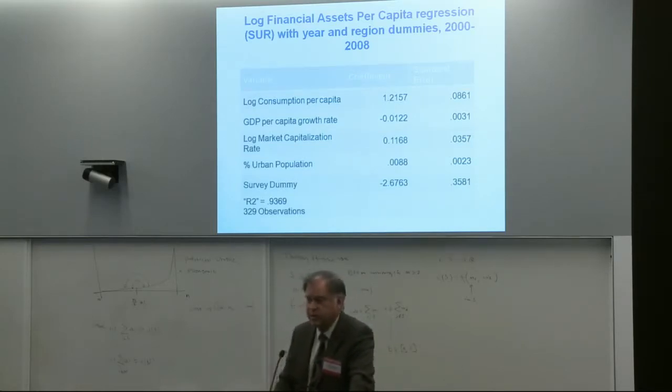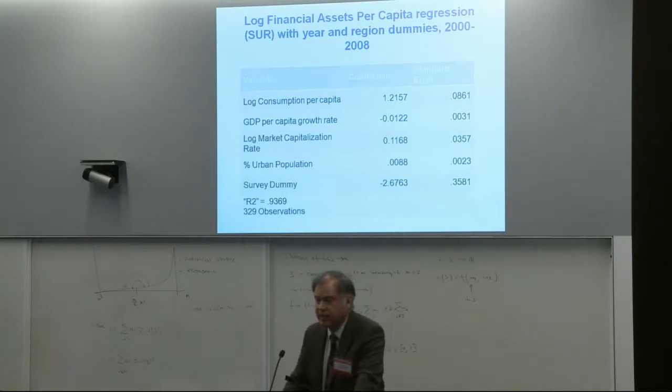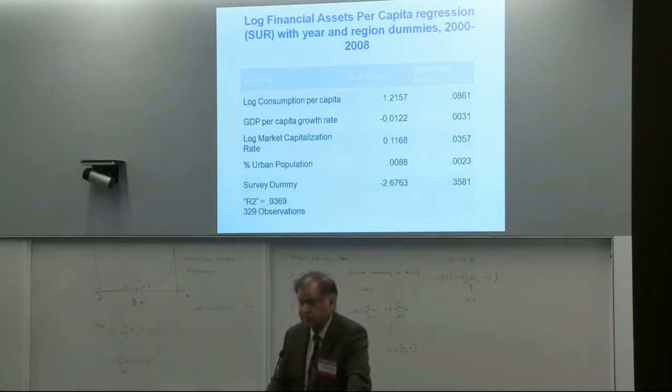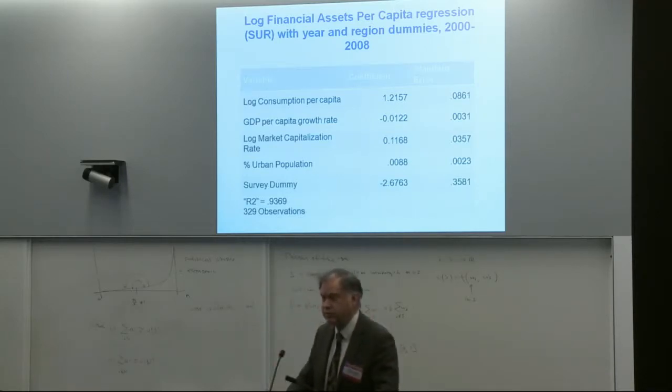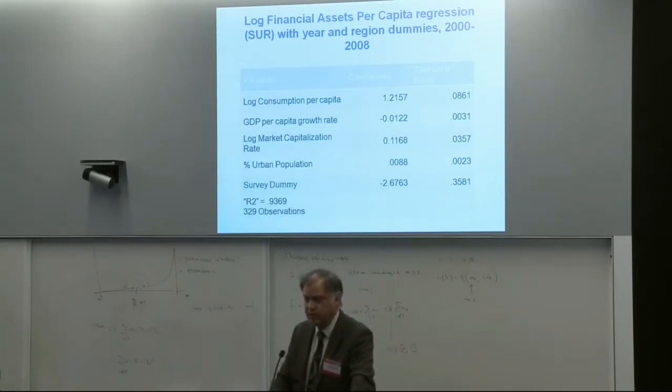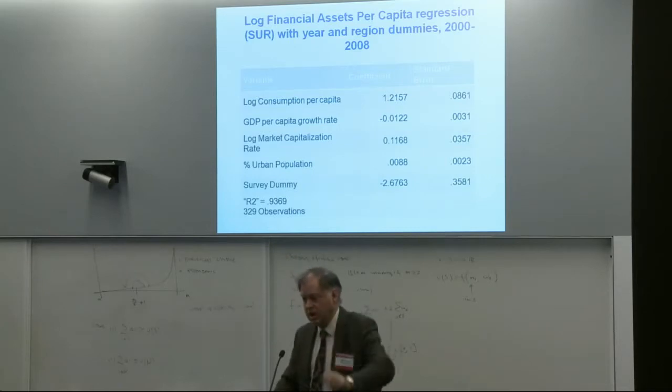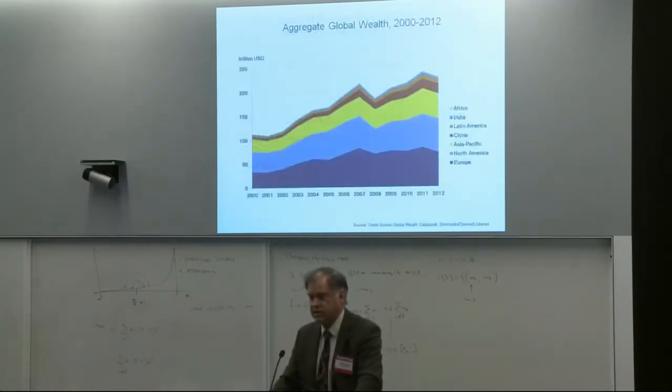R squared is 94%. The elasticity with respect to our income variable is 1.2. For liabilities, it's actually 1.3. So those things increase faster than income, right? And for the real stuff, the elasticity is basically 1.